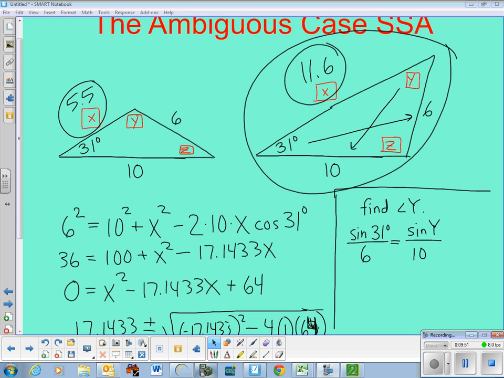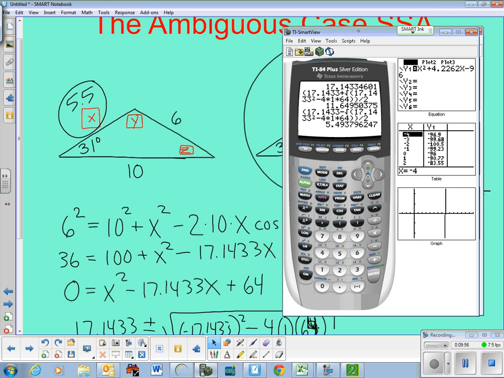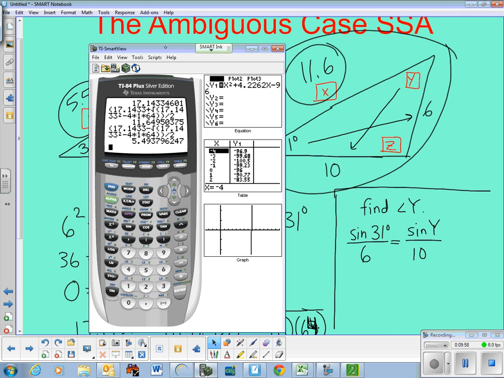All right, so I'm going to get out my calculator and solve this proportion. I'm going to do sine of 31 times 10 divided by 6.